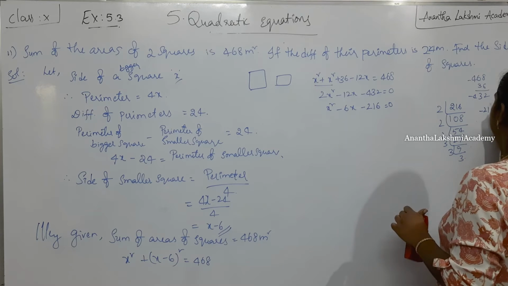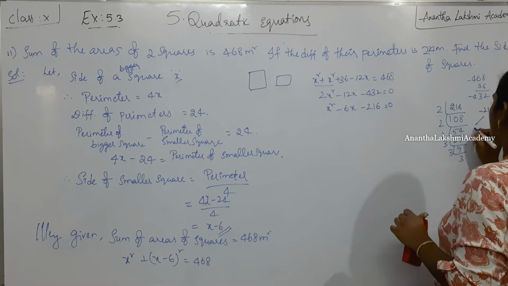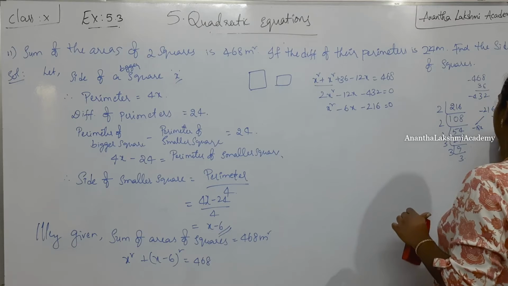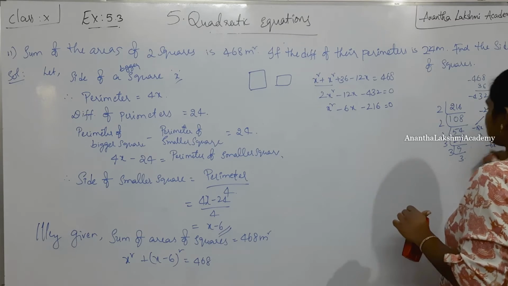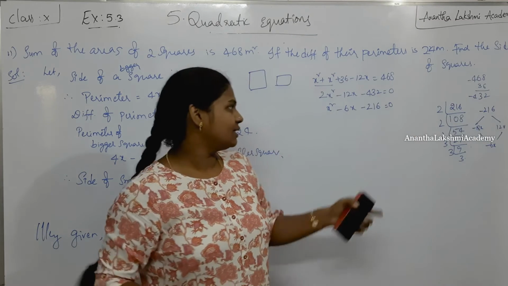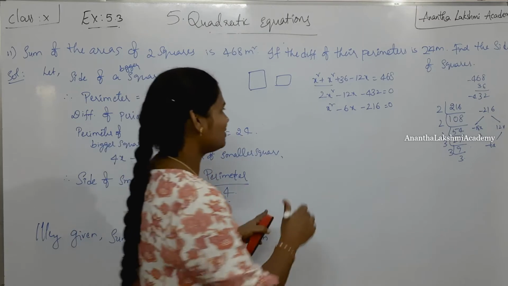So minus 216 can be written as minus 18x plus 12x, such that it gives us a sum of minus 6x. This is how you need to figure out the factorization also.